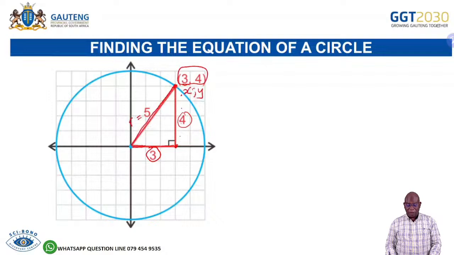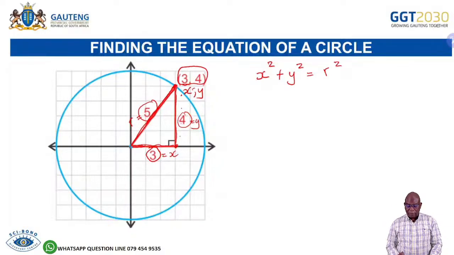The theorem of Pythagoras states that if I've got these two values, the x value and the y value, the square of this side on the x and the square of this side on the y will give me the square of the longest side, which is the hypotenuse, which in the circle is the radius. So if I take the square of x and the square of y, that will be equal to the square of r.